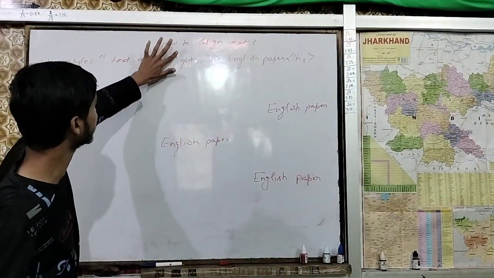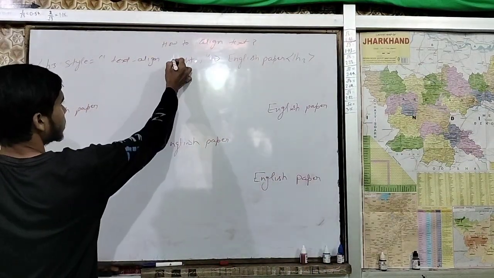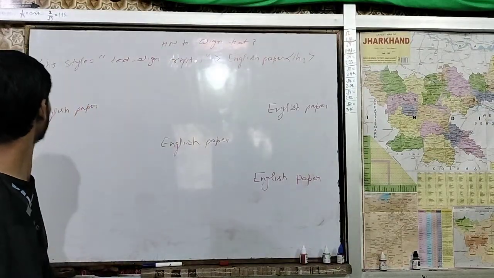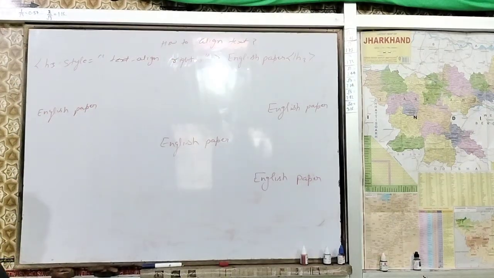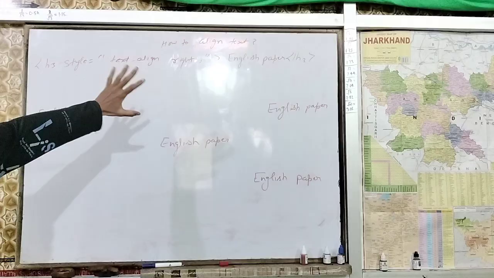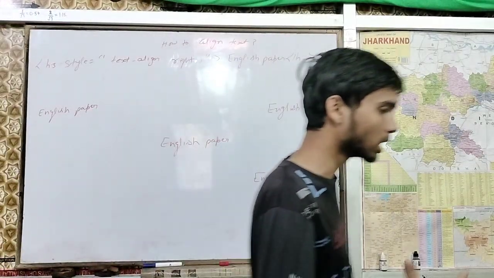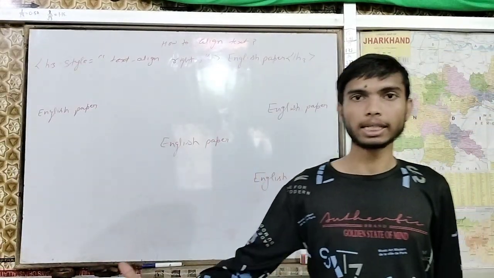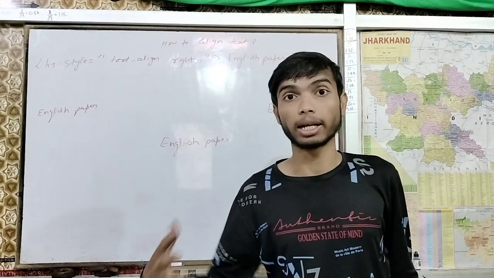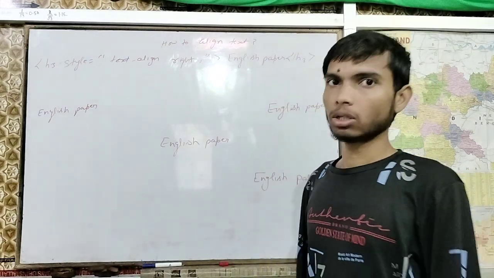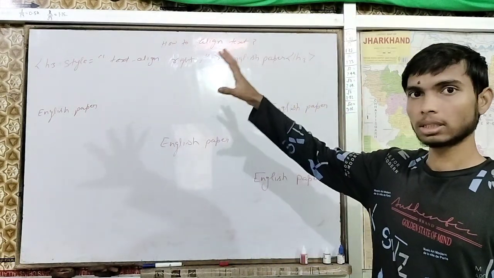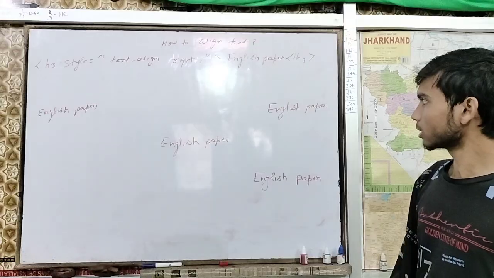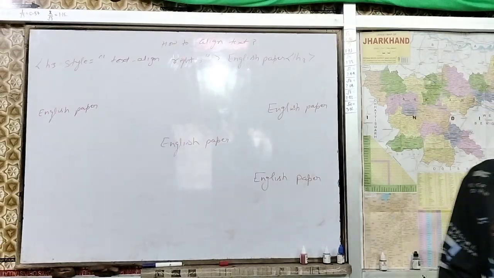So this R is in uppercase. Replace this by a small r. I hope you have understood how to align any text in center, in left side, in right side. By the help of attributes, it can be done. Clear? Okay.